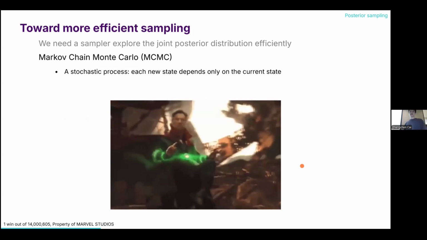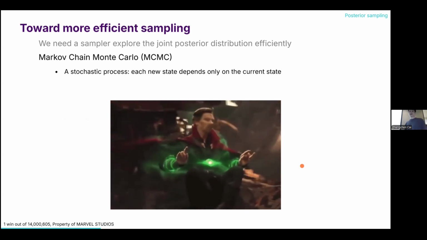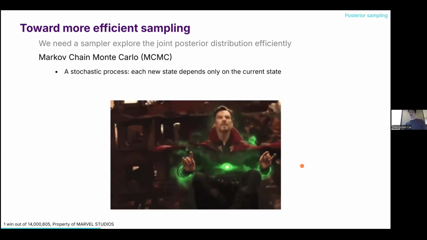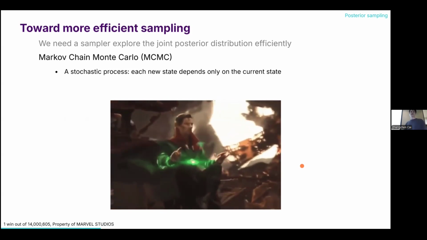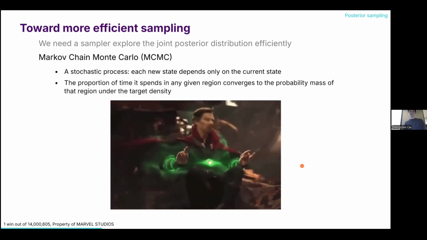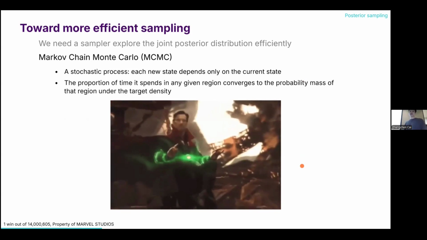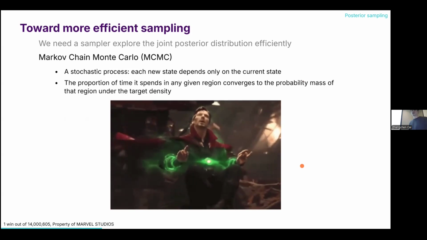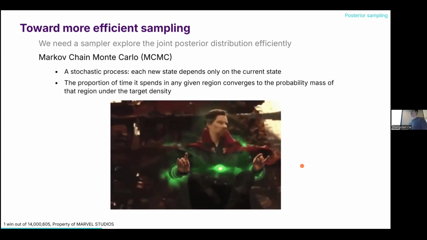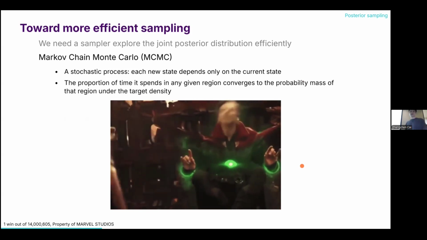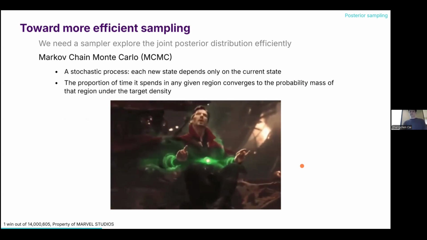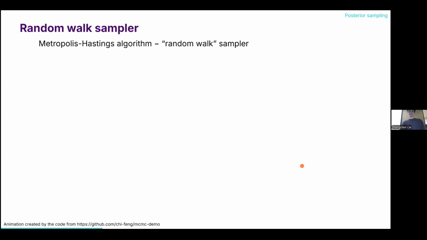Each new state depends only on the current state, right? I will only check how many people we have in this room. And then the proportion of time the Markov chain stays in any given region converges to the probability mass of the target distribution. So this is the general concept of MCMC.